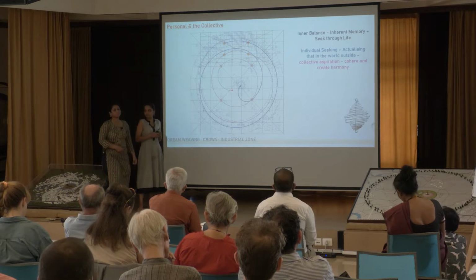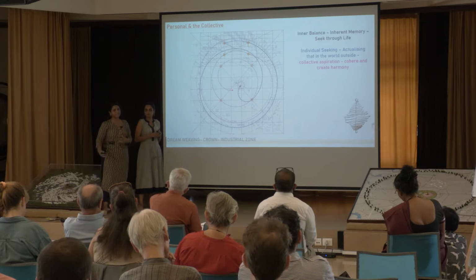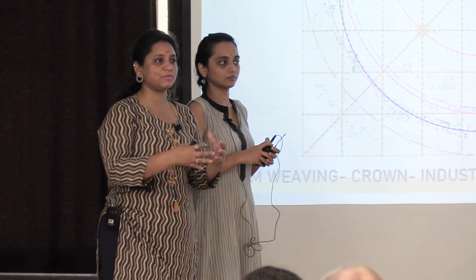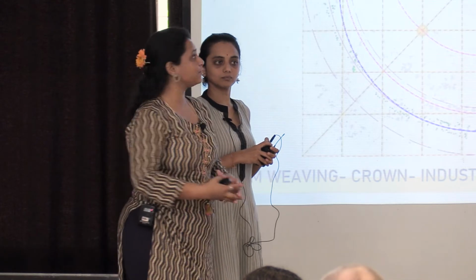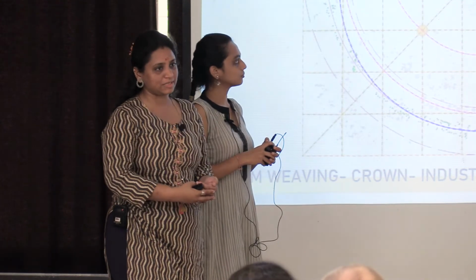Right, and also we can start defining a little bit between the personal and the collective, since the path which we take for the personal and collective together would be what would really cohere and create this harmony.